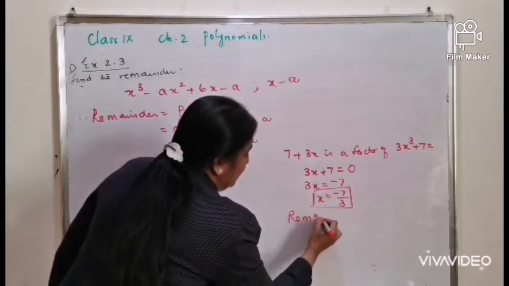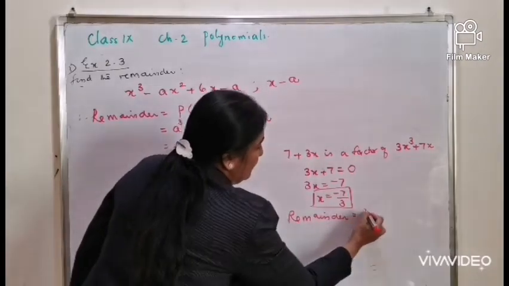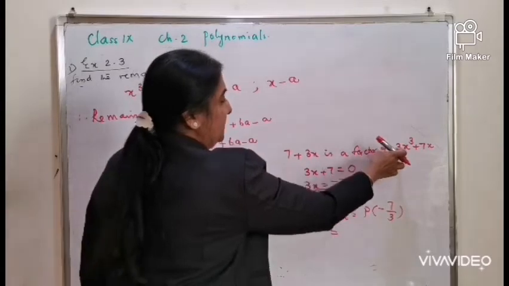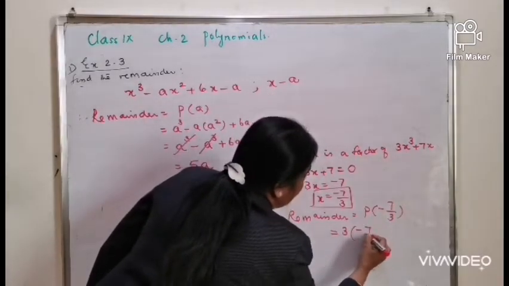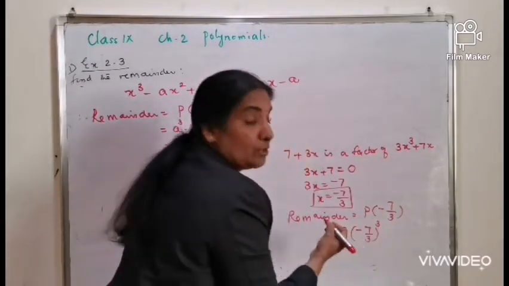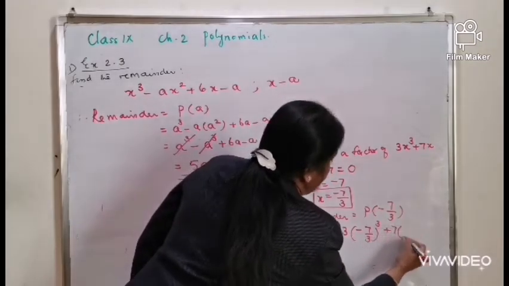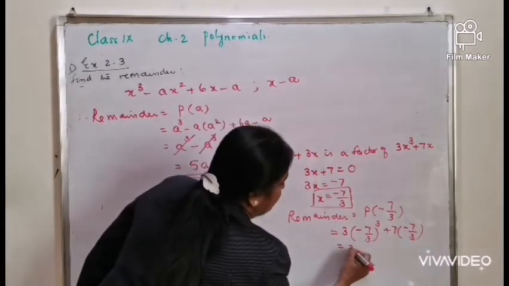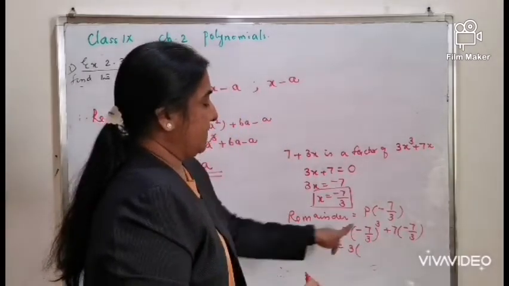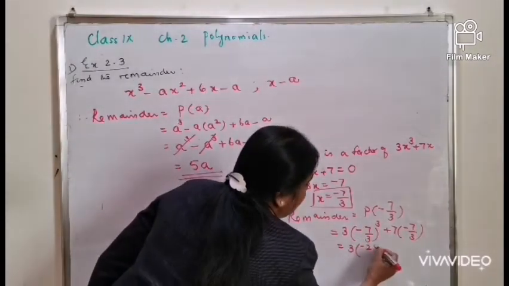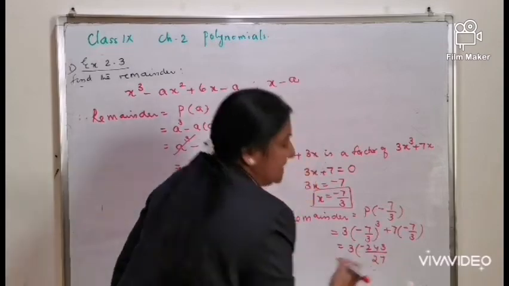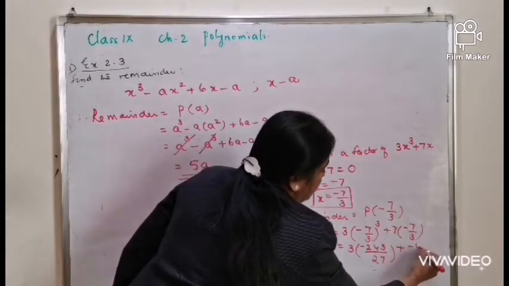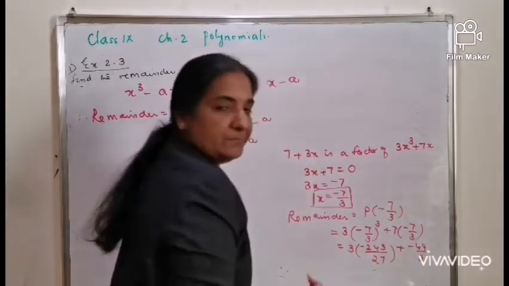Remainder is equal to p of minus 7 by 3, which is equal to 3 into (minus 7 by 3) the whole cubed plus 7 into minus 7 by 3.